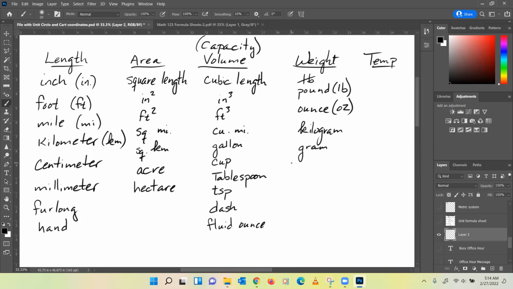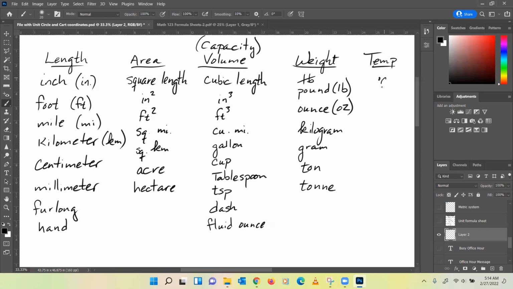They're doing that because gravity is about the same everywhere on the earth, and they say it's not too much difference. So we'll go ahead and count kilograms and grams as weight, even though they're actually mass. So we've got that to consider. Well, maybe there's a ton. There's also a metric ton. So we have to consider that as well.